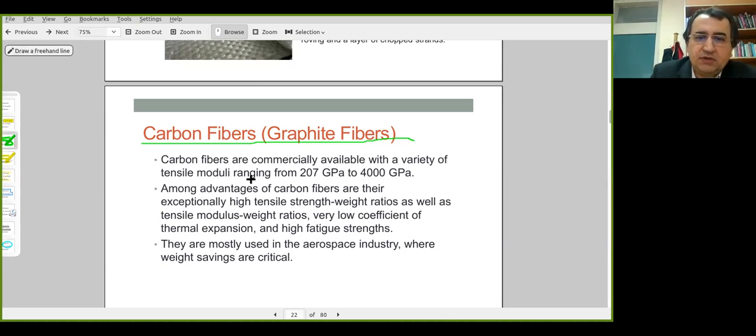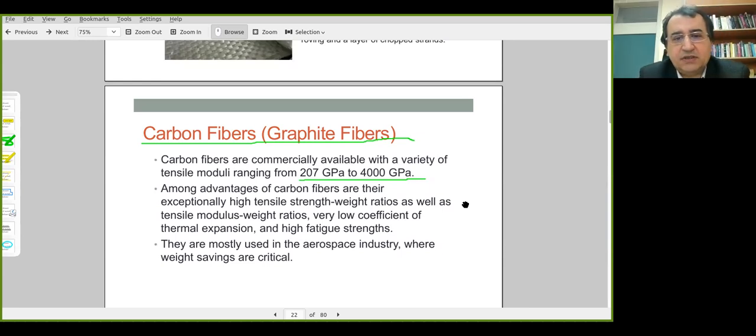A range is given here for elastic modulus, from 200 gigapascals, and it can go up to 4,000 gigapascals.